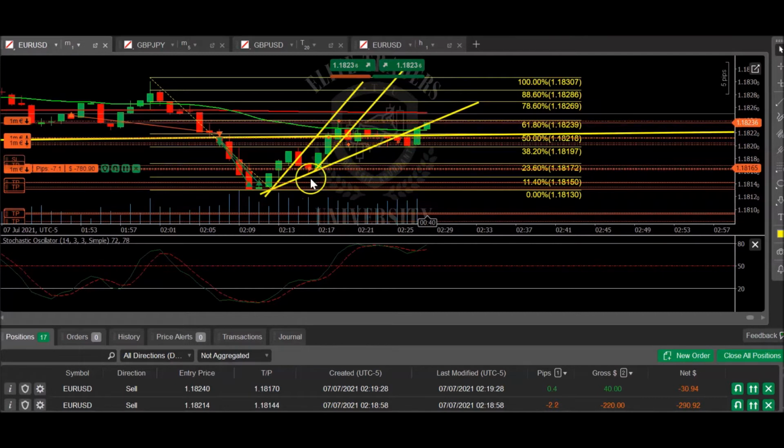We're testing this trend line here. We broke the bottom of it, and now we are coming up on a test. So a new high on low volume.